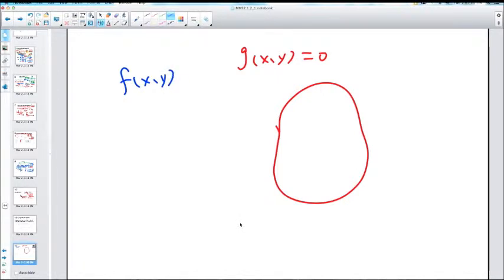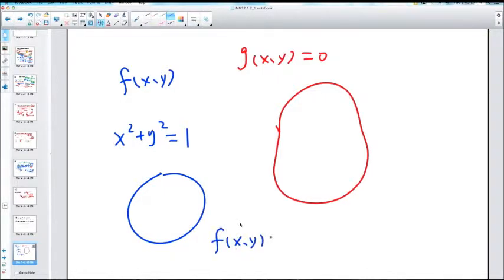Now, let me give you an example. If g is this curve, a circle, and you are on the circle, you try to figure out what f(x, y) equals, let's say 2xy. Then you move along the circle.